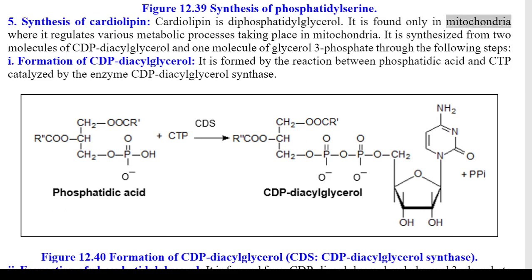It is found only in mitochondria, where it regulates various metabolic processes taking place in mitochondria. It is synthesized from 2 molecules of CDP-diacylglycerol and 1 molecule of glycerol 3-phosphate through the following steps. 1. Formation of CDP-diacylglycerol. It is formed by the reaction between phosphatidic acid and CTP catalyzed by the enzyme CDP-diacylglycerol synthase. Figure 12.40 Formation of CDP-diacylglycerol. CDS, CDP-diacylglycerol synthase.